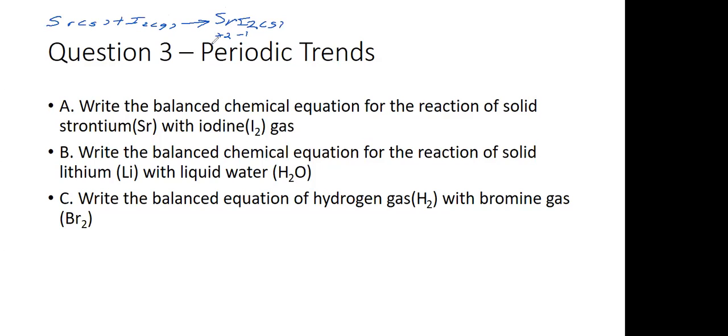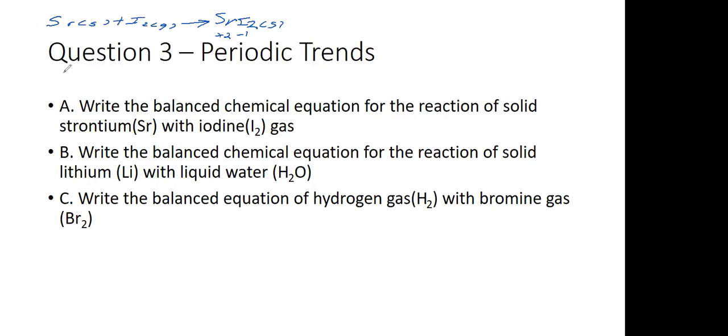It would not be correct to put SrI. That is not what it will make. It will make SrI2 every single time. And we know that by looking at the charges our atoms will make, right? If you know what ions your atoms want to make, then you'll be able to predict what compounds you're going to make.